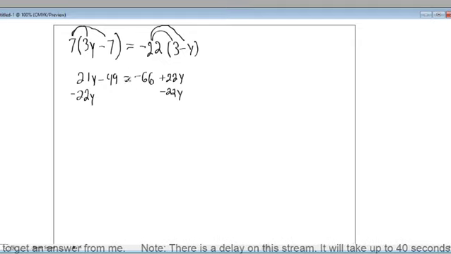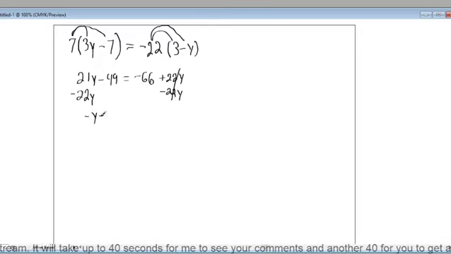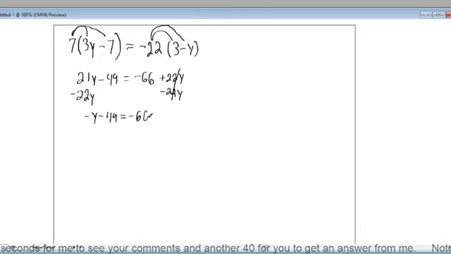Remember, this equal sign shows perfect balance. So I will cancel that on this side since those are opposites. On this side, 21y minus 22y is going to give us a negative y left over, a negative 1y. Now, we have this negative 49 next to our y here.